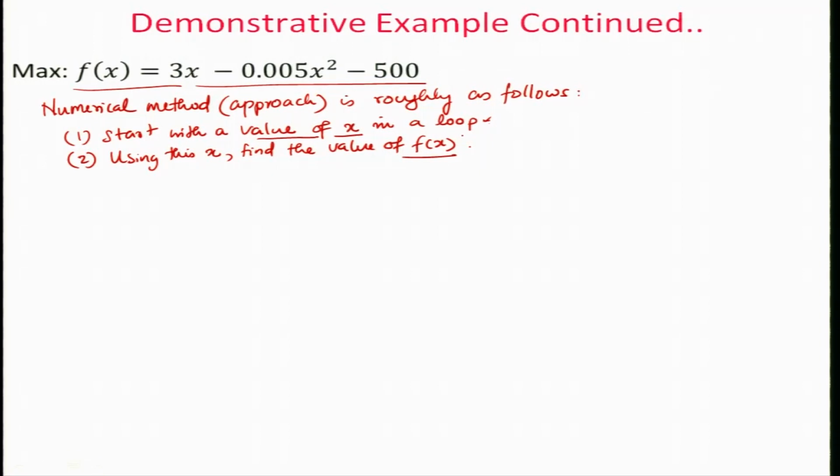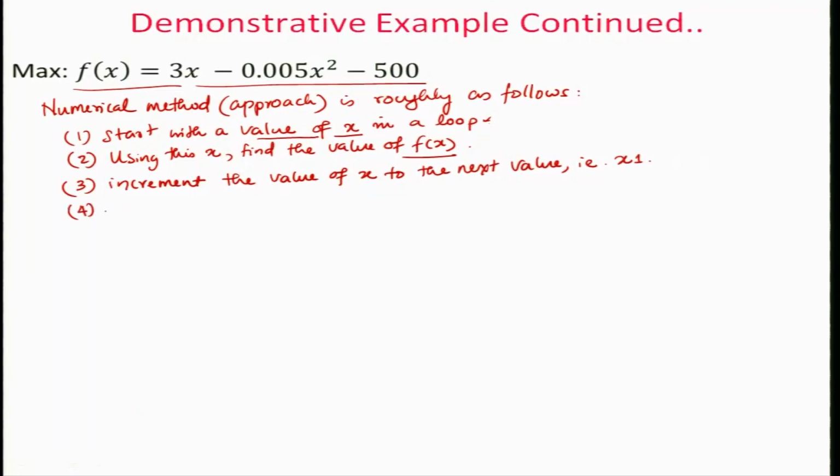Okay. Once you find the value of f of x, then the third step is increment the value of x to the next value, that is x1. Okay. You increment the value of x to the next value, that is x1, right.